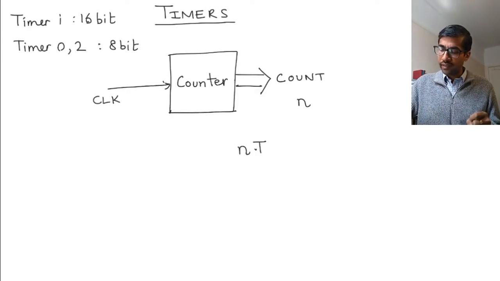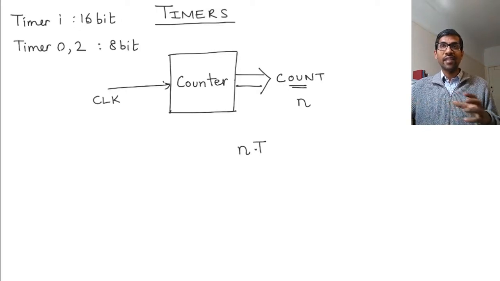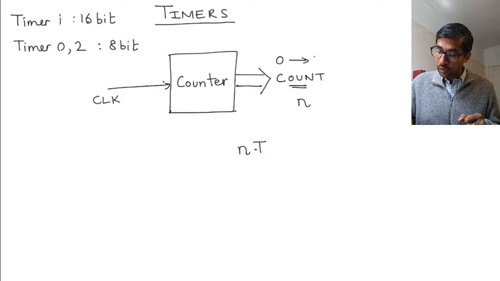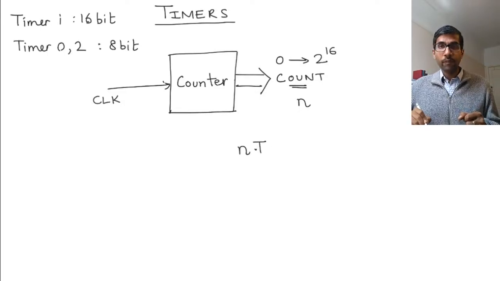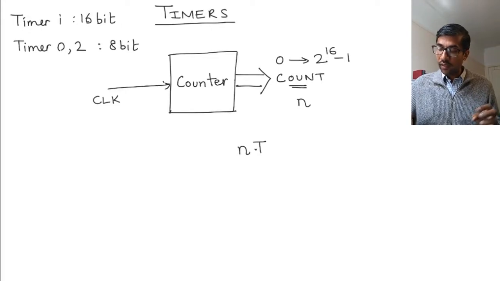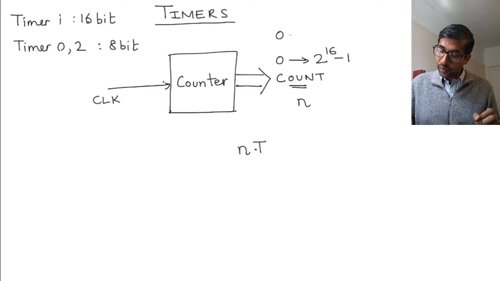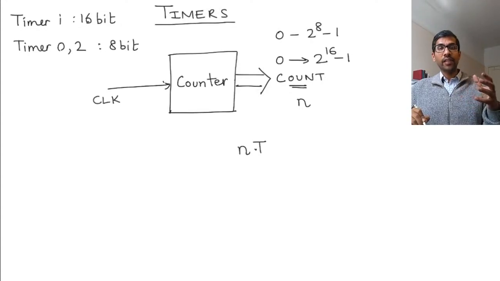That means that this number n is an 8-bit number in timer 0 and timer 2, while it's a 16-bit number in timer 1. Which means that this count can go from 0 to 2 to the power 16 minus 1 in timer 1, while it can go from 0 to 2 to the power 8 minus 1 in timer 0 and timer 2, right?